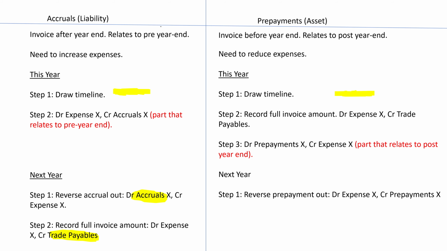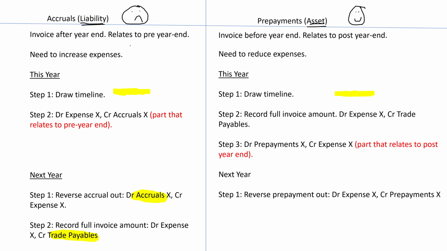Let's just summarize. So I've put together a summary of accruals and prepayments, and the thing I like about them is that they're logical and they're complete exact opposites. So here I'm going to put a smiley face next to prepayments and a sad face next to accruals. So accruals are a liability. You're going to have to pay money for the additional expense, whereas prepayments are an asset.